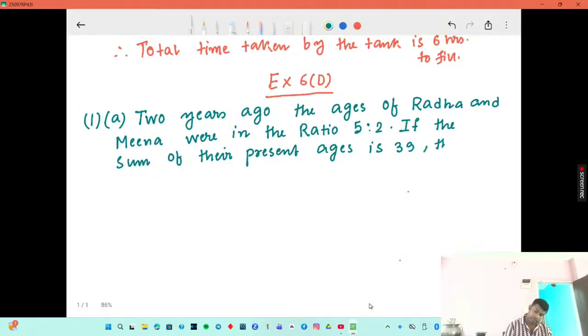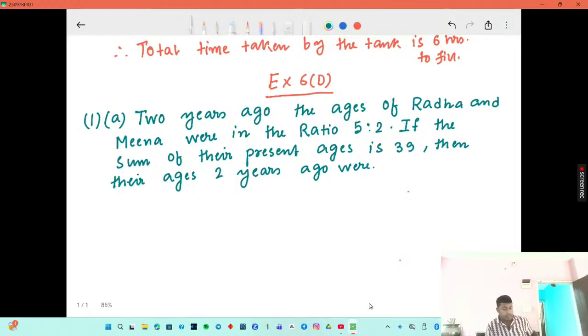So the question is, 2 years ago the ages of Radha and Meena were in the ratio of 5 is to 2. If the sum of their present ages is 39, then their ages 2 years ago were. Is it clear?